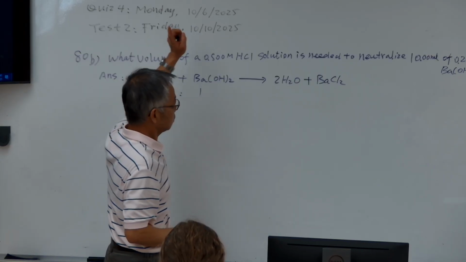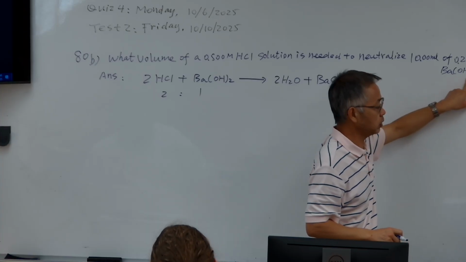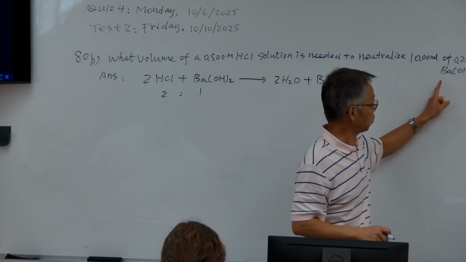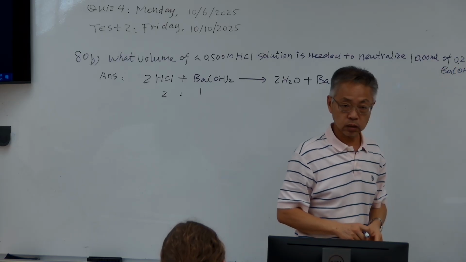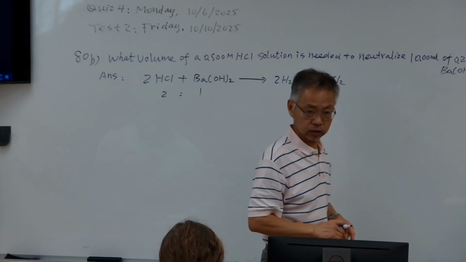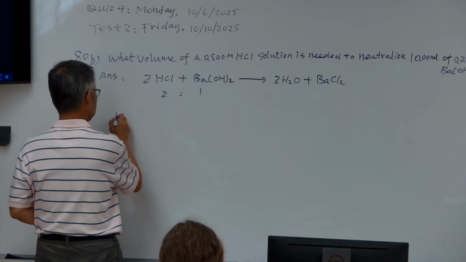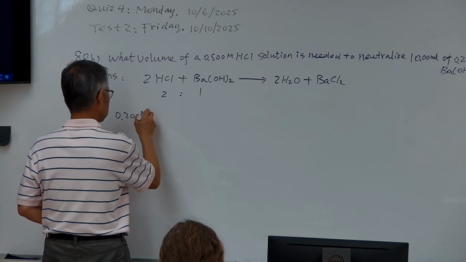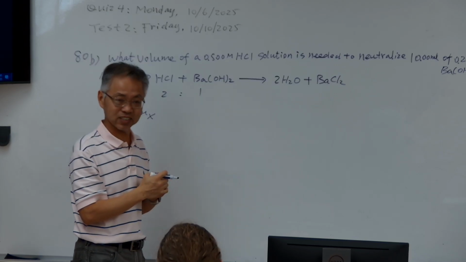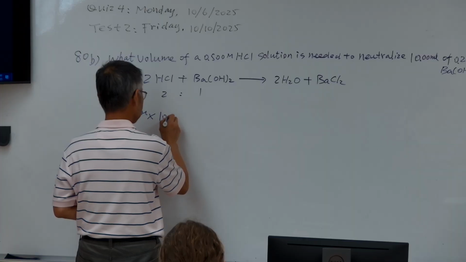So here, to neutralize 10 milliliter 0.2 molar Ba(OH)2, this base's volume and concentration are known values. From volume and concentration, we can calculate the moles of this base, right? Molarity times volume in liter is moles. Here volume is 10 milliliter, we need to convert it to liter.